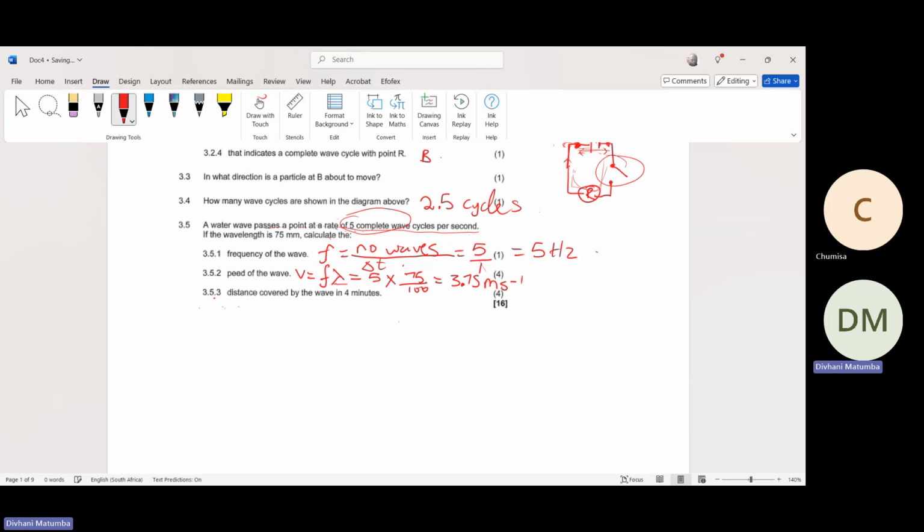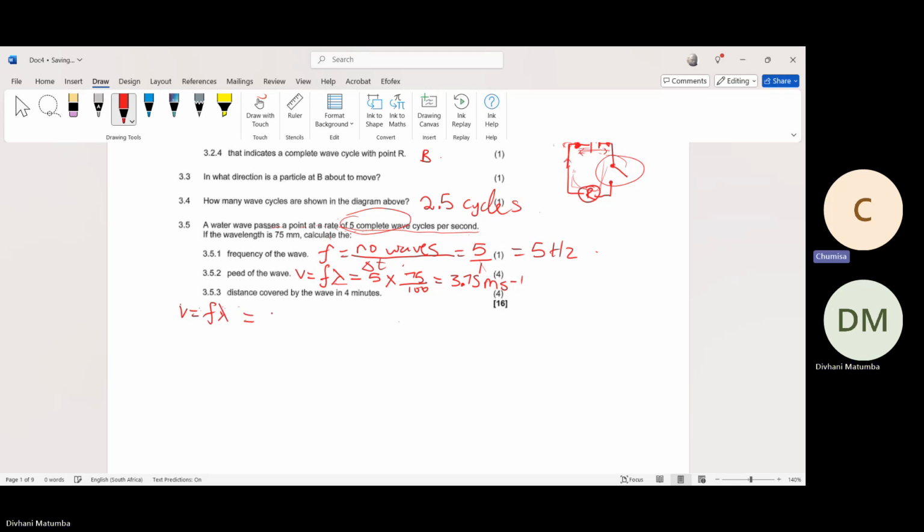So how do we find the distance? What is the formula of calculating the speed? Let's start there. V is equal to frequency times wavelength.